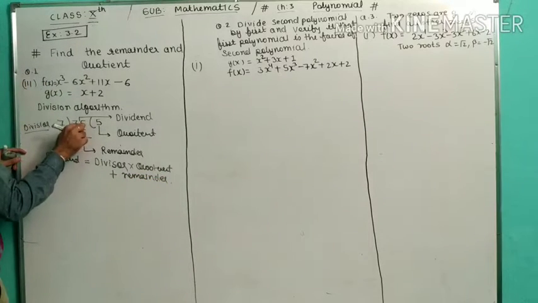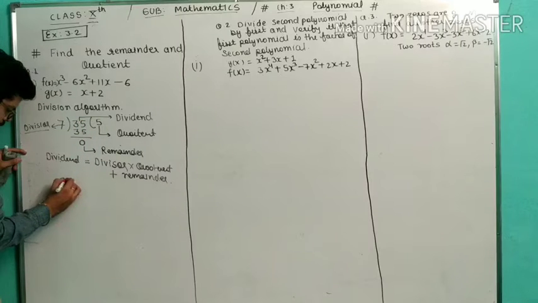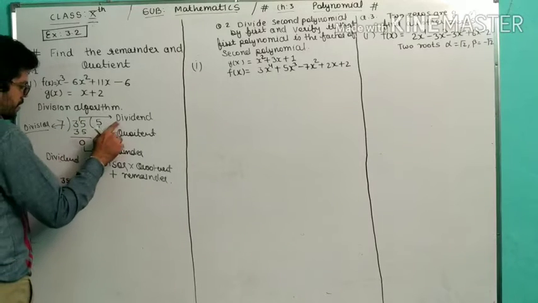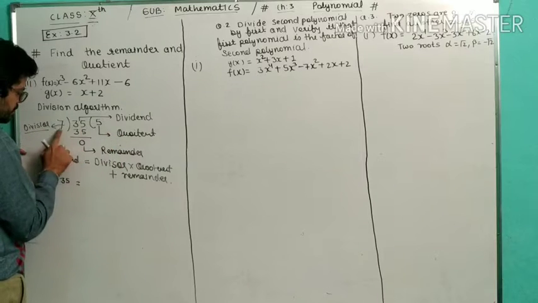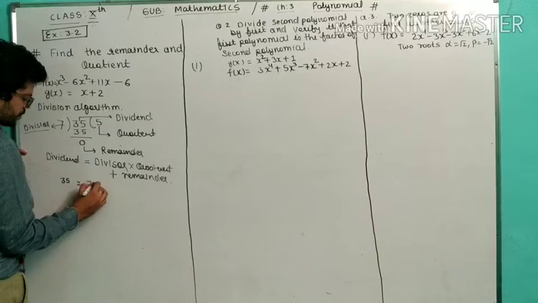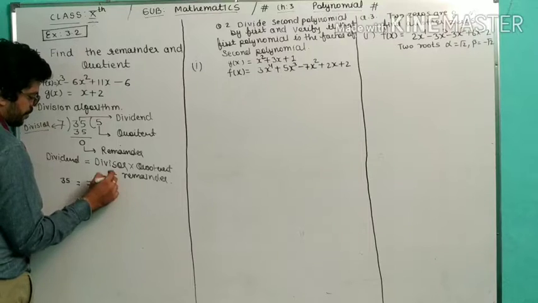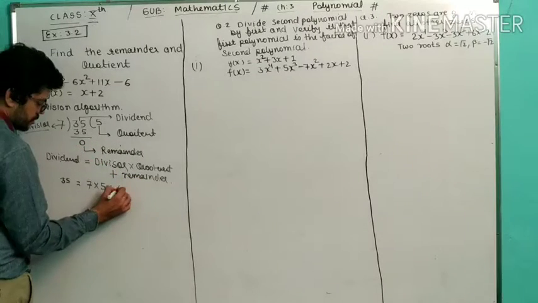The dividend is 35, the divisor multiplied by the quotient is 7 into 5, and the remainder is 0.